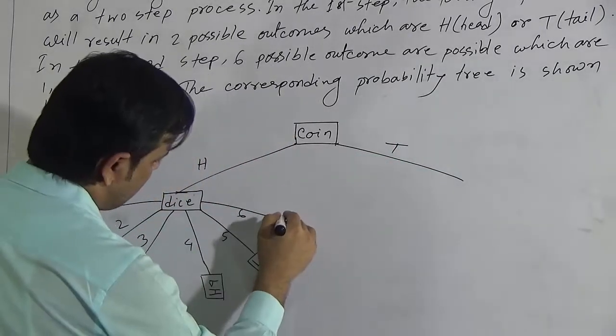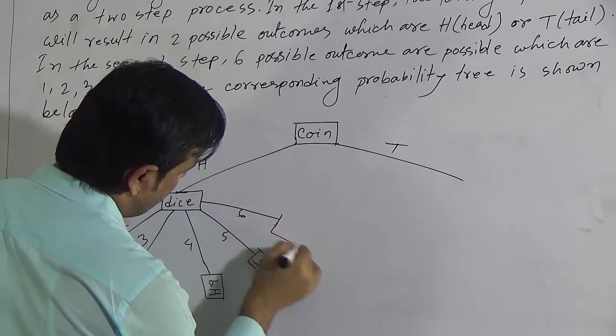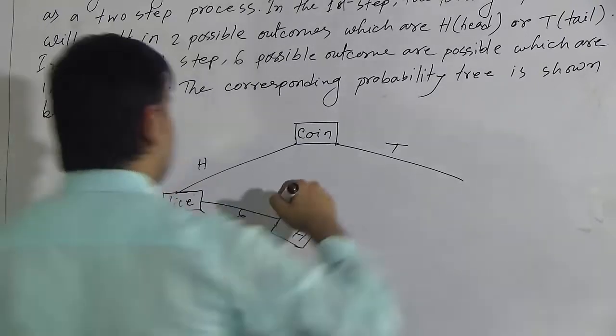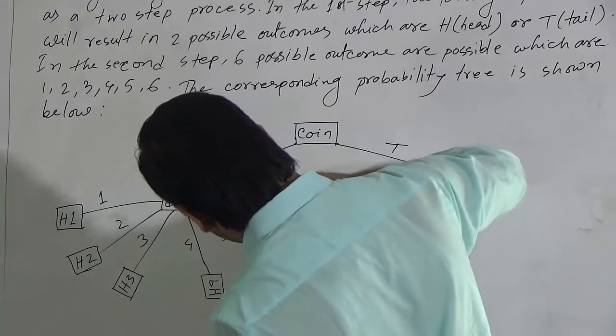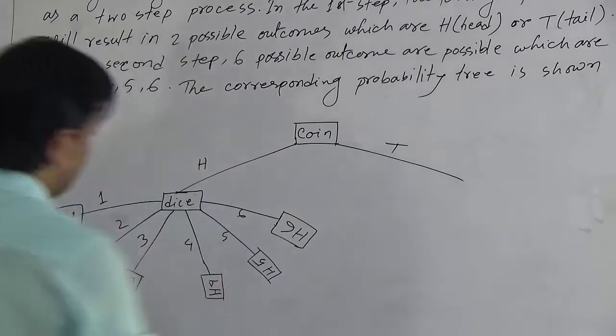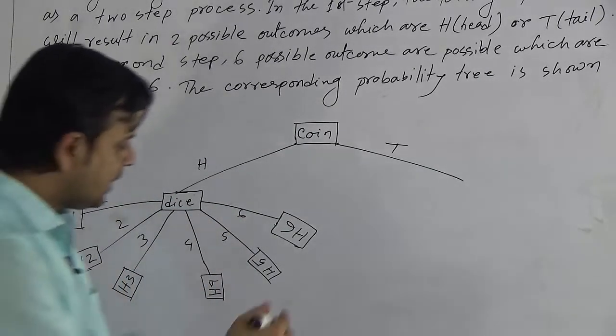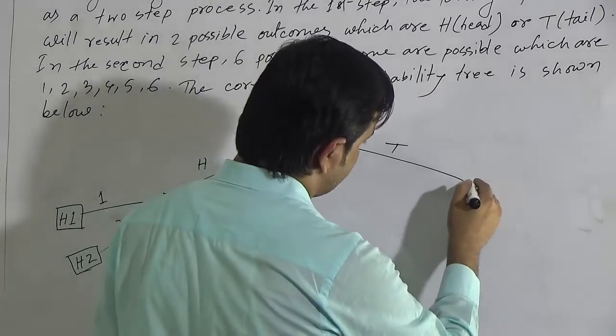Now last one for head in coin, head in coin and 6 in dice. So these are 6 sample points.